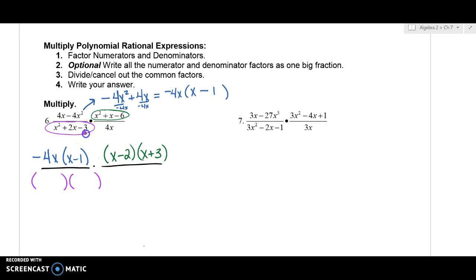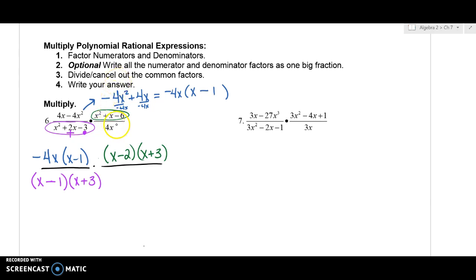Remember, we're looking for two numbers that multiply to give us the last number, negative 3, and add to give us that middle number 2. The only way to multiply to get 3 is to multiply 1 times 3. So I know my numbers are going to be 1 and 3. Think about, would positive 1 plus 3 give us 2, or which one needs to be negative? The 1 needs to be negative.